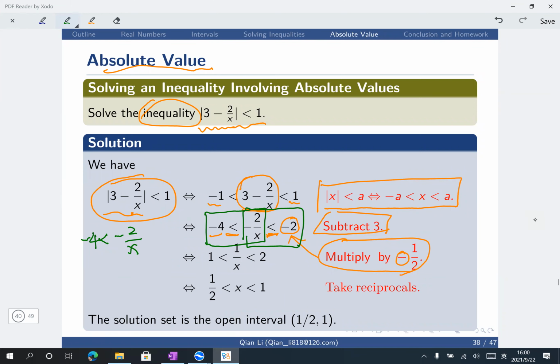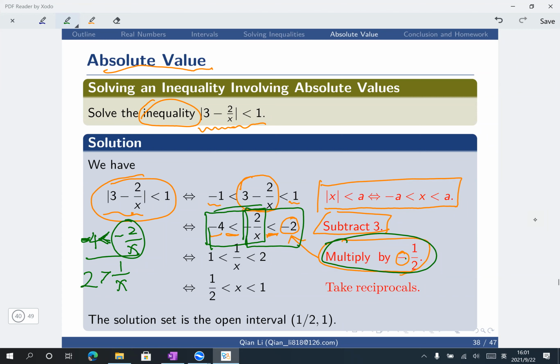If we multiply by minus 1 over 2 on both sides, it will reverse this inequality, right? So on the left, it will be 2, and smaller than becomes larger than, and this will become 1 over x, right? Yes, this is the first inequality.